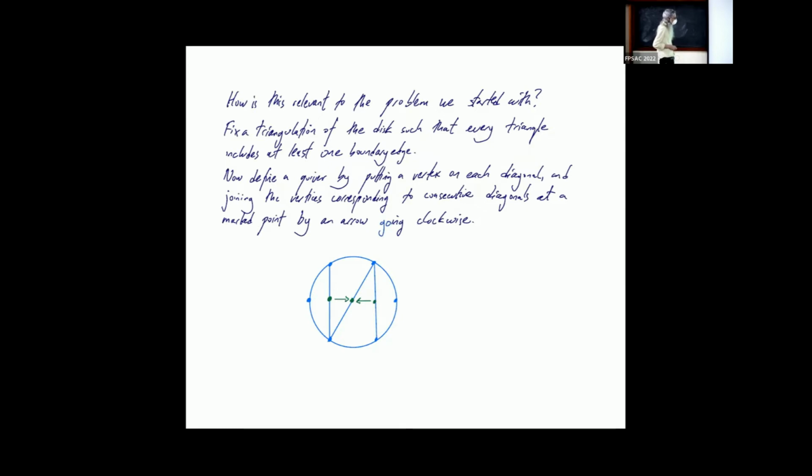And so we put an arrow between the corresponding vertices. And here we have two consecutive diagonals, and so we put an arrow between the corresponding vertices. It turns out that under the assumption that I made, that every triangle has at least one boundary edge, this quiver will be an orientation of a path.